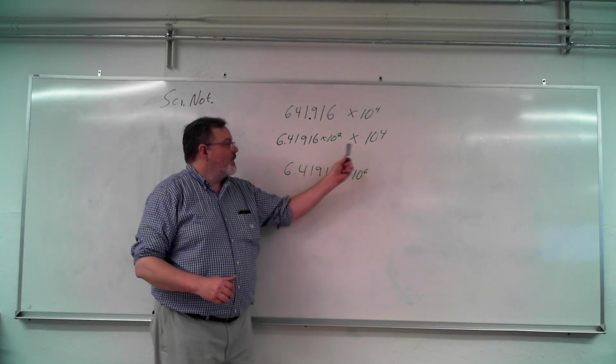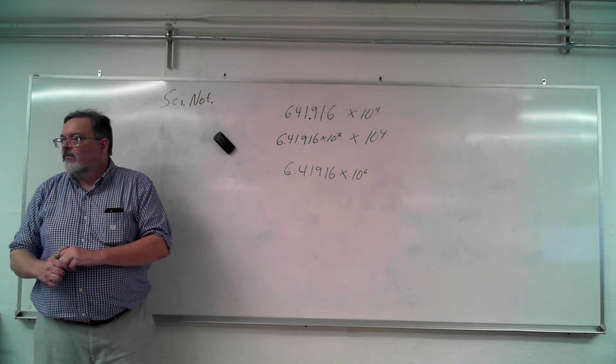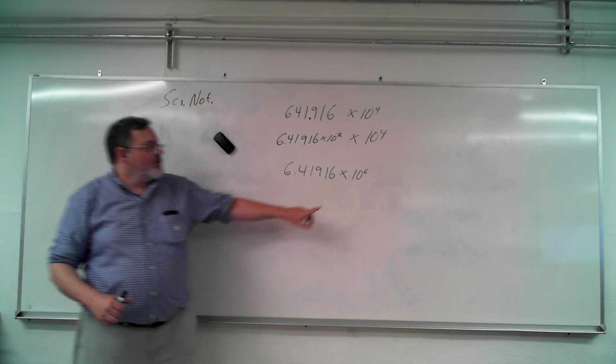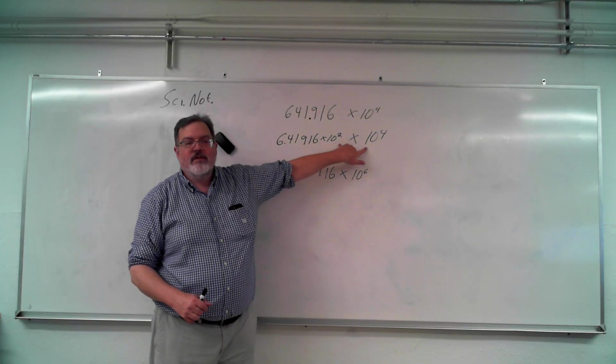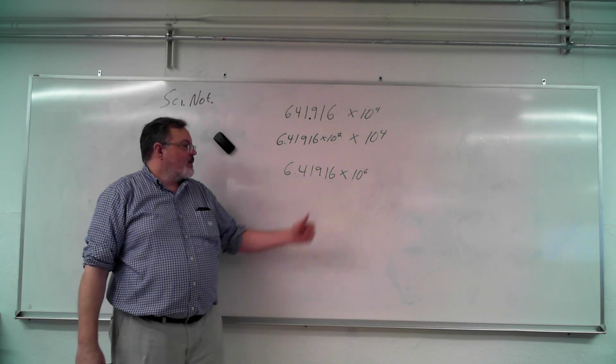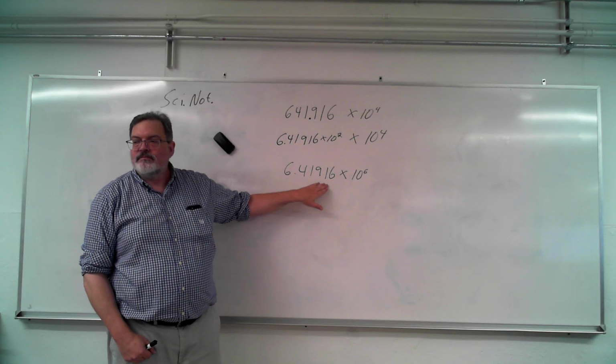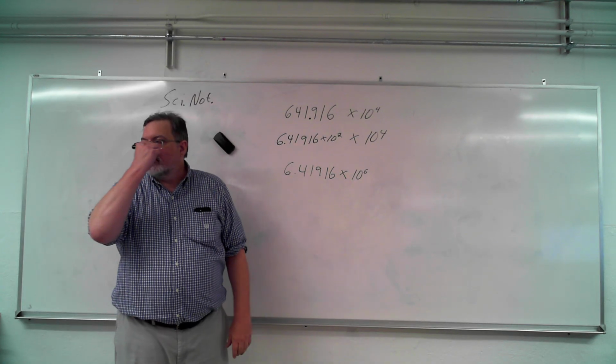And I did this with the standard way you add exponents when you're multiplying. You guys understand that? You understand how I got a 10 to the 6 from a 10 to the 2 and a 10 to the 4? I just combined them into one. So this number put in scientific notation is this. Make sense?